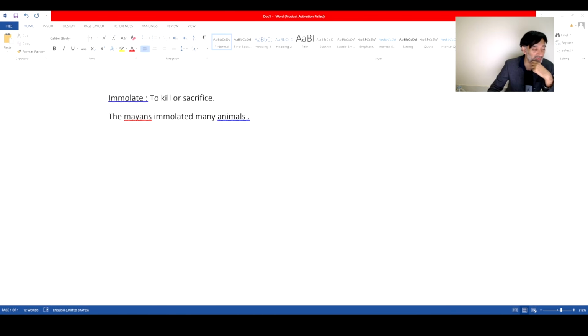So I'll go to the second word, that is decipher. If you are in computer science, this is a very common word. Decipher, right? What does it mean? It means to find the meaning or read something.